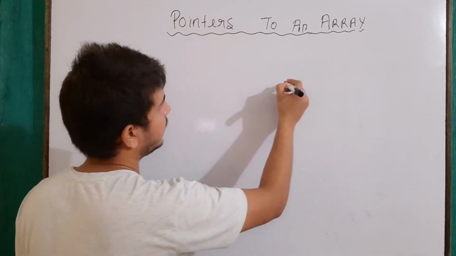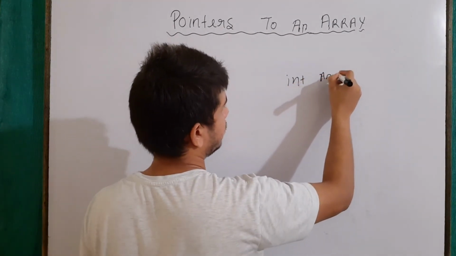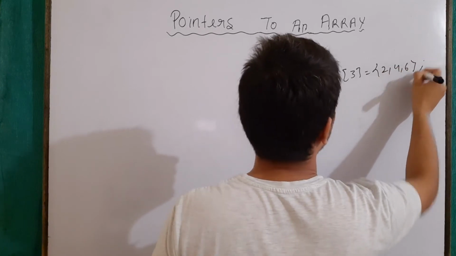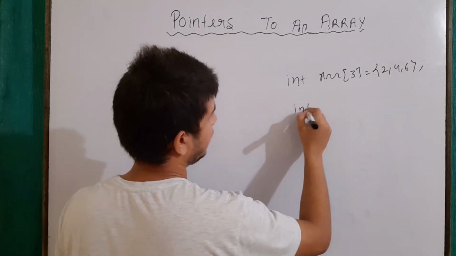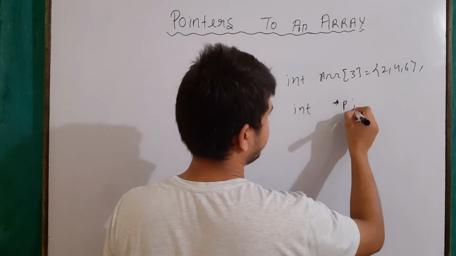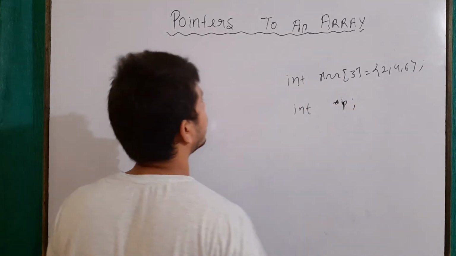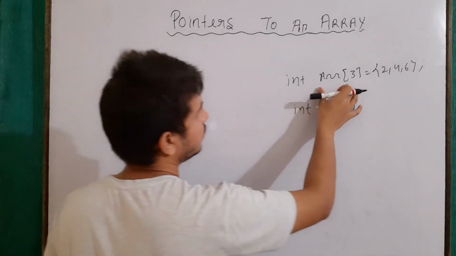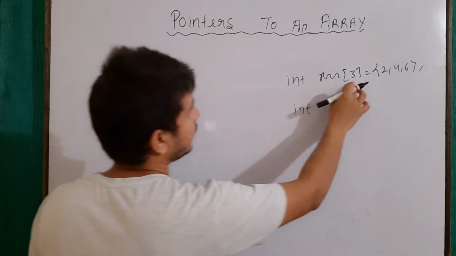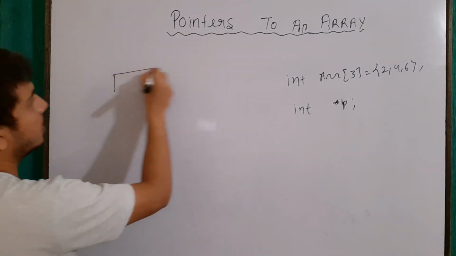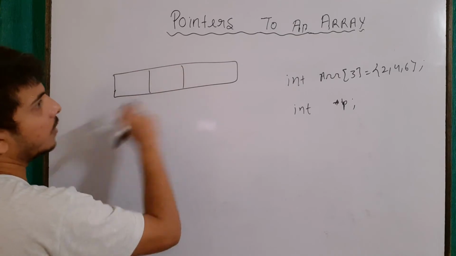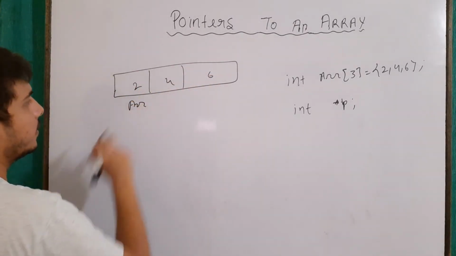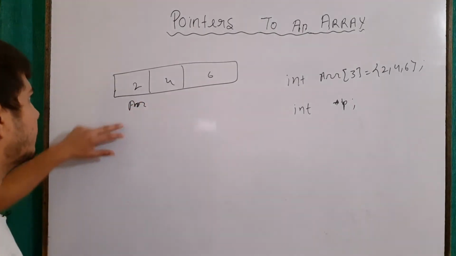Now let's say there is an array having 3 elements which are 2, 4, 6, and also a pointer variable, let's say int asterisk p, right? Now we already know how to access the adjacent locations using pointer variables and also using the array variables, right? So let's say there was some address associated with our array, 2, 4, 6, and let's say this array was giving us the base address of this integer value.